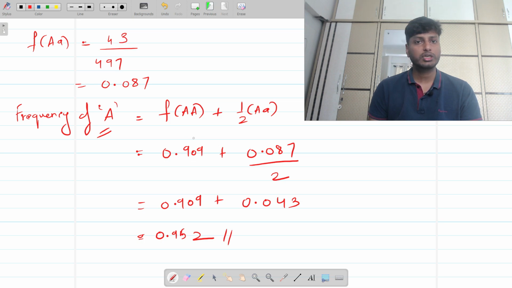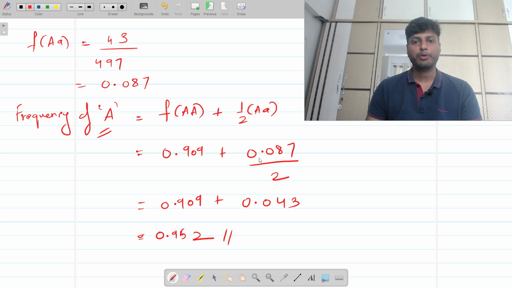So it was the total frequency of individuals having capital A as their alleles. At the same time, the heterozygous individuals have only a single capital A in their genotype.